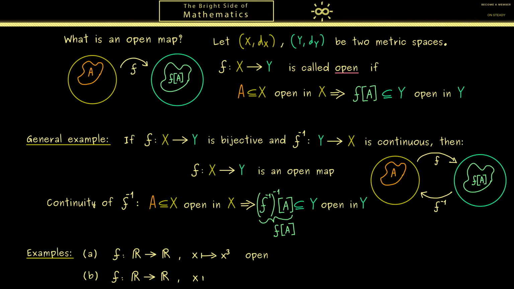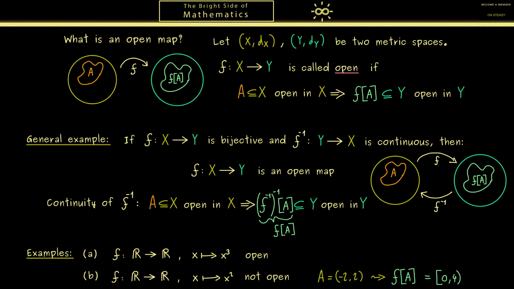Just look what happens when we send x to x squared. Of course, we can't use the general example here because it's simply not bijective, but still it could be an open map. Of course, this is not the case, it's not an open map, as you can see when considering the open set as the open interval from -2 to 2. Then the image is simply the interval from 0 to 4. And there you see, this is not an open set in R.